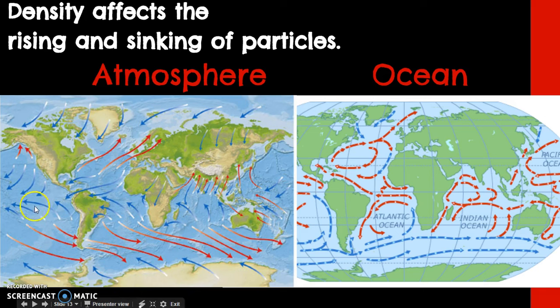Remember, the less dense something is, it's going to rise above the more dense particles, and we constantly have the convection currents. Well, the same thing takes place for the ocean. The three factors that affect the density of the ocean are the temperature, the depth, and the salinity of the ocean water.